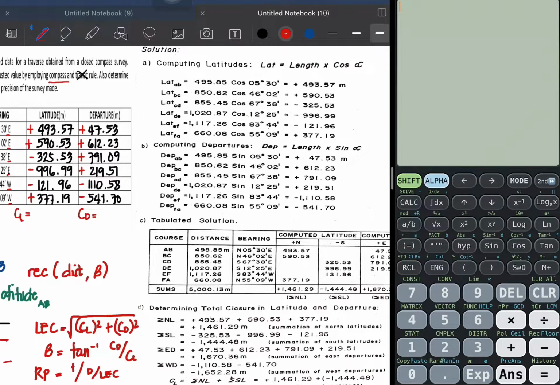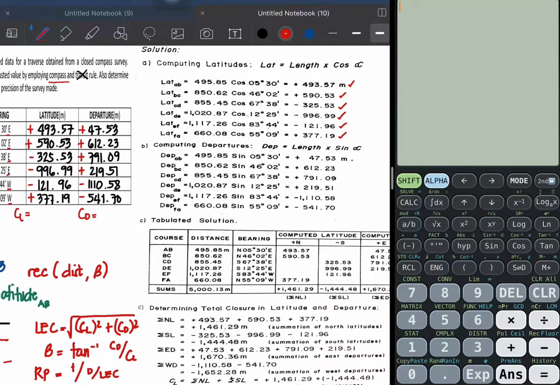So for the latitude, 493.57, 590.53, 325.53, 996.99, 121.96, then 377.19.